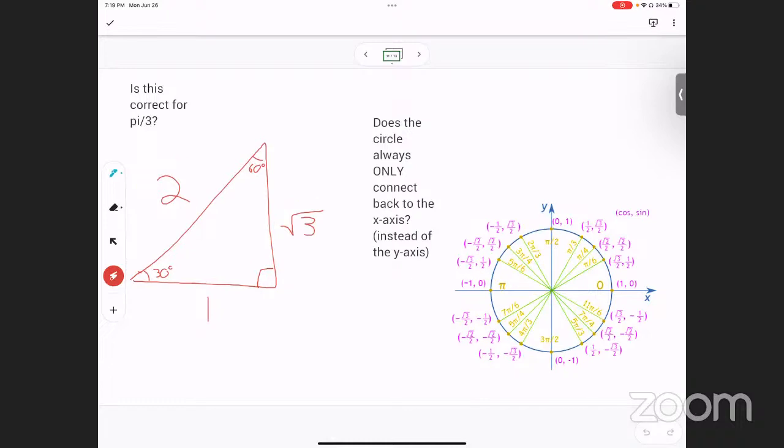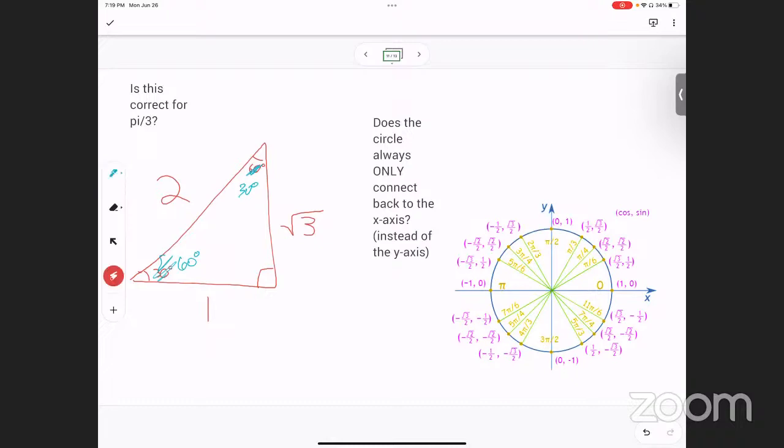According to the actual chart, the numbers would be correct, but I mixed them up. That's right. These should be 60 and 30 in the other places. That's right. Good. Now it's correct. Okay. That makes sense then.